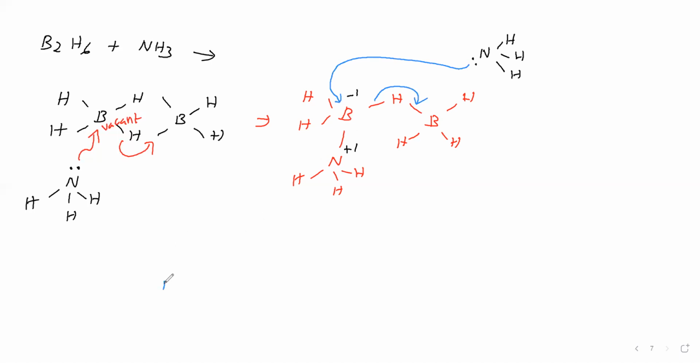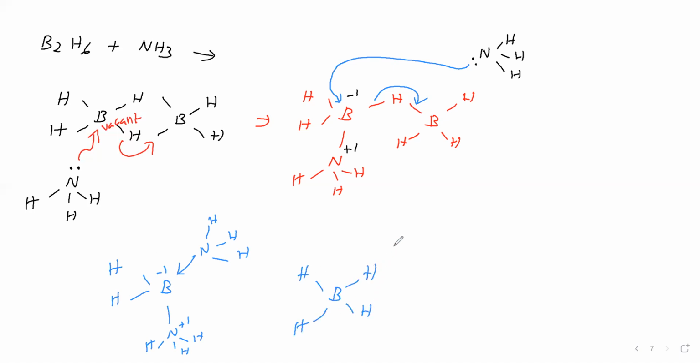This boron will have 2 hydrogens here, a dative bond with ammonia, and here ammonia is already there. Here +1 is there, here -1 is there. That we will write. This we will write as BH4. BH4 we have written.